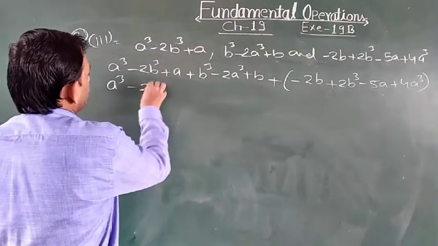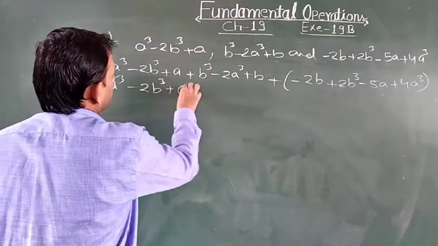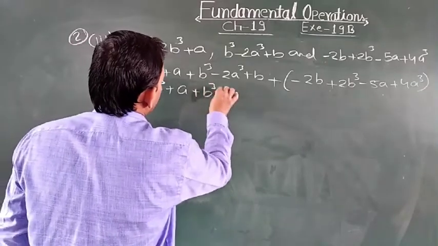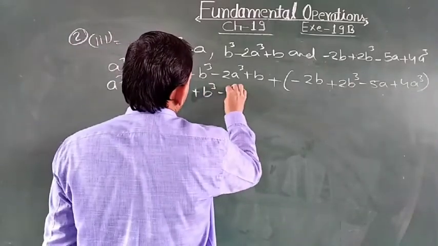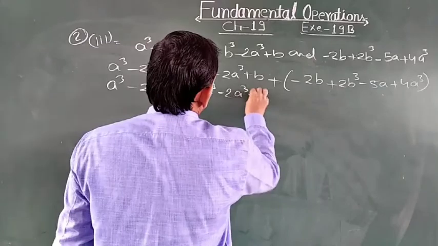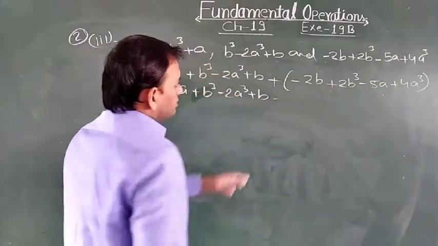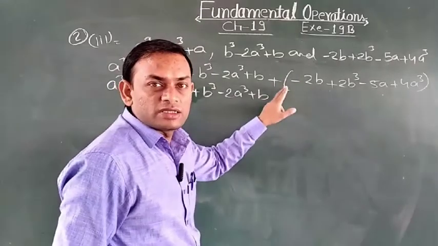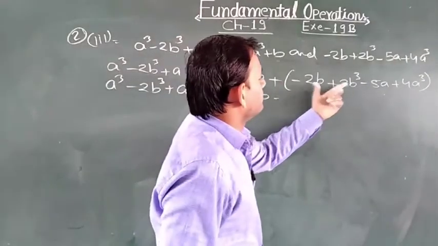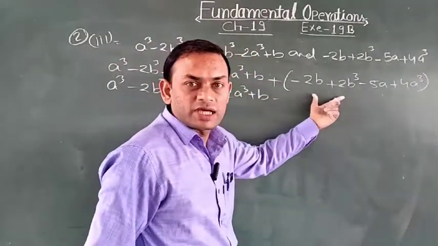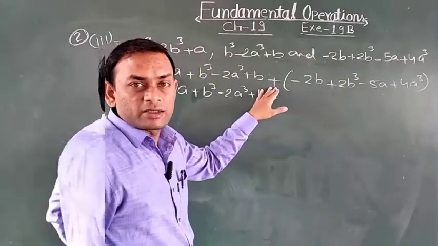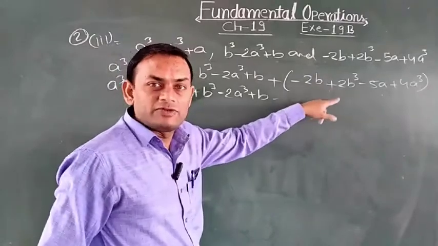a cube minus 2b cube plus a plus b cube minus 2a cube plus b. Now, here you can see that the plus sign is outside the bracket. So in this case, all the signs will remain as they are inside the bracket. If the minus sign were outside the bracket, in that case the signs would be changed.